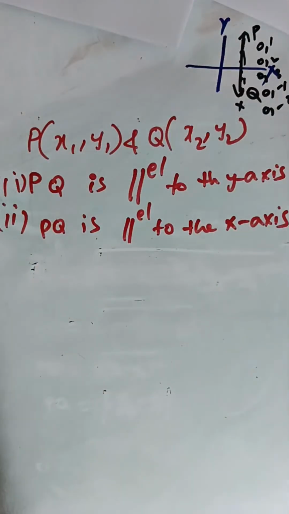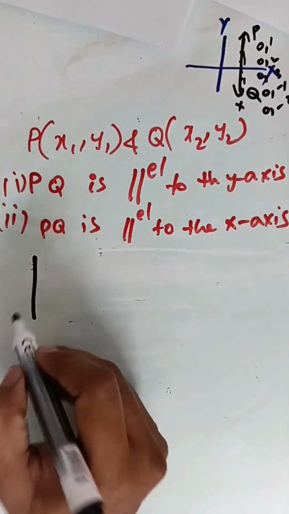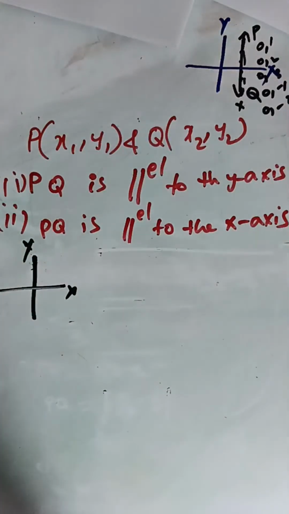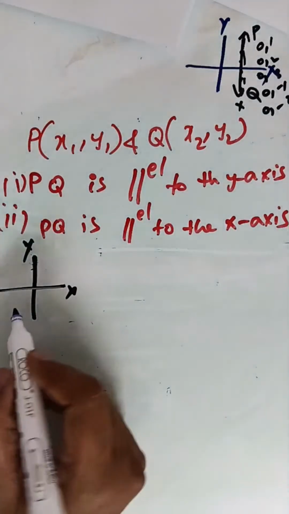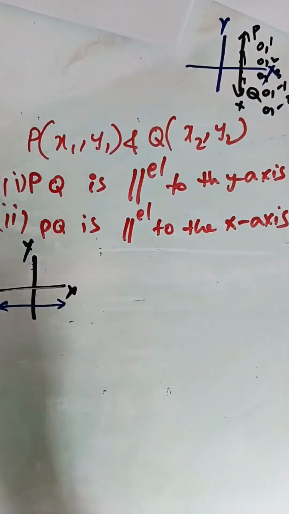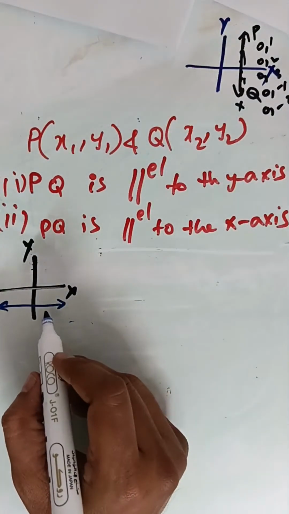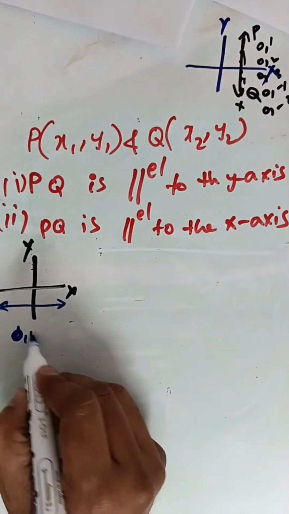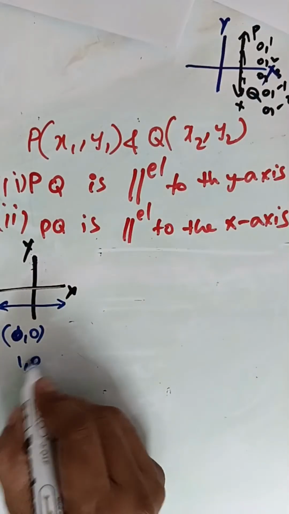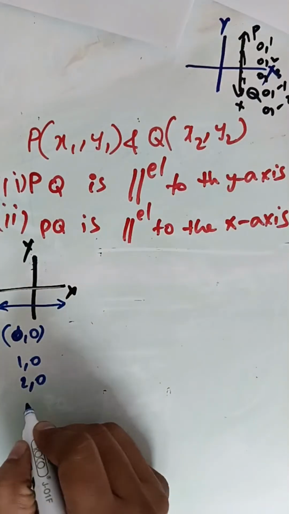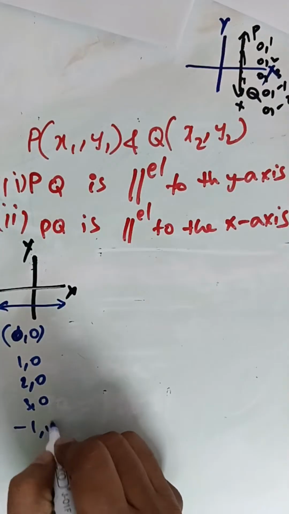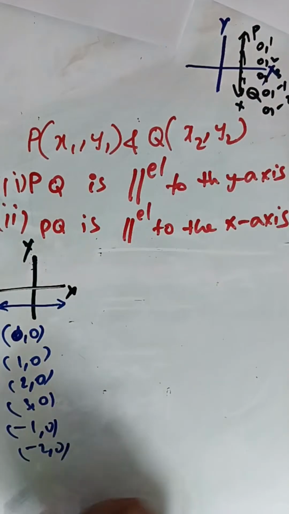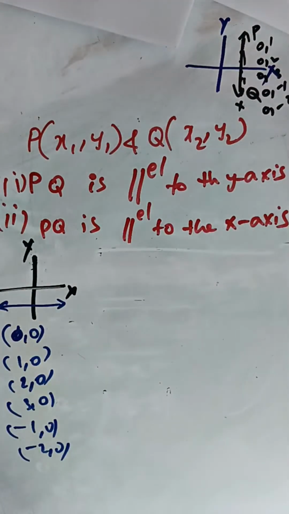Now again, before we go, I draw a graph, y-axis, x-axis. What is said, when the line PQ is parallel to the x-axis. Parallel to the x-axis means all the y's are similar, means 0, 0, 1, 0, 2, 0, 3, 0, minus 1, 0, minus 2, 0, means all the y are 0, x are different, right?